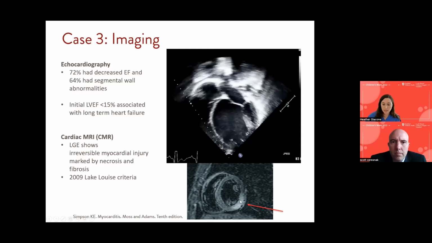And you can see here, this gadolinium really hangs on to the fibrotic areas of the myocardium after the normal healthy tissue has washed it out. I'll make a quick mention that there are specific criteria for these imaging strategies, specifically for MRI, that we go by to see if they're meeting criteria for myocarditis, as we have lots of patients that present at a later time. Is this a cardiomyopathy from a genetic source, or is it myocarditis? It's really helpful to use that criteria to try to tease out those etiologies.